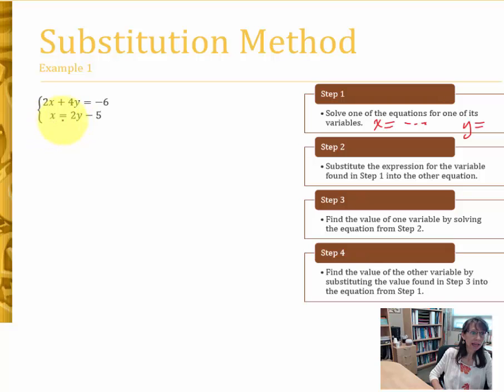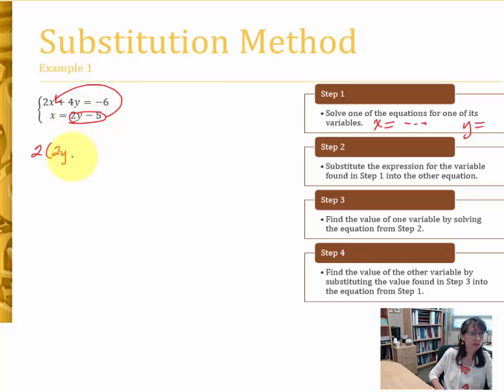So that means if x is worth 2y minus 5, we can take this expression and substitute it for x in the first equation. So we have a new equation to write. Instead of 2x, we're writing 2 times the new value of x.